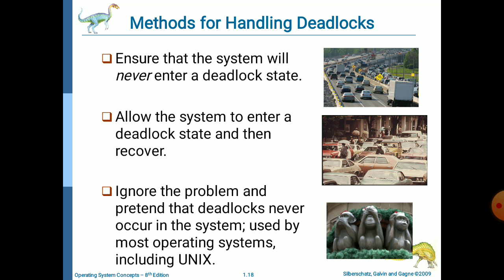There are methods for handling a deadlock. The first method is to ensure that the system will never enter a deadlock state. Just observe the diagram there. You create a complete space for the execution, which means allocate resources as much as possible or create many instances, and there will not be any deadlock at all.